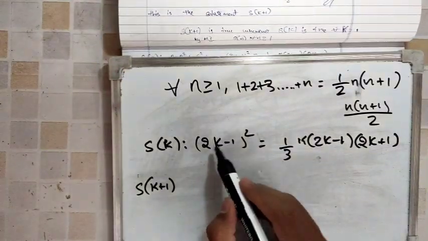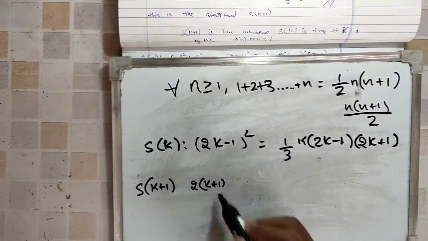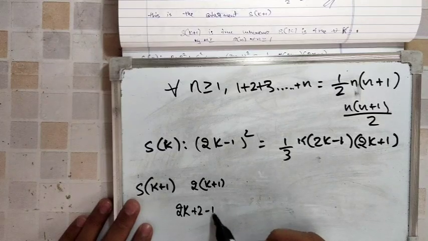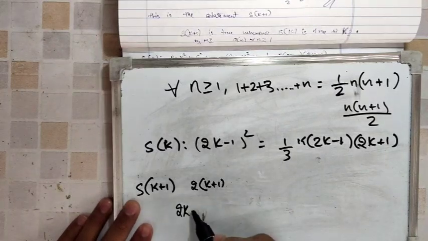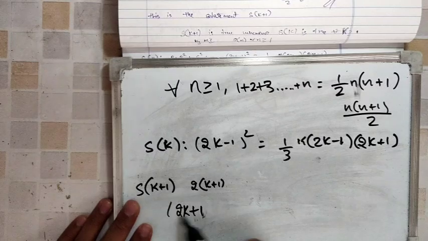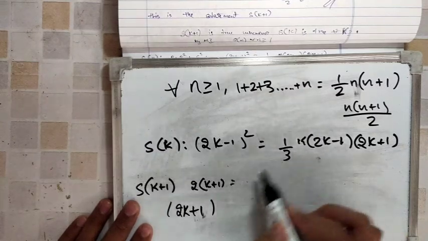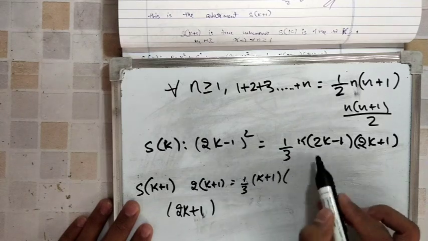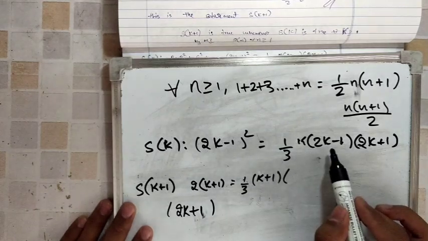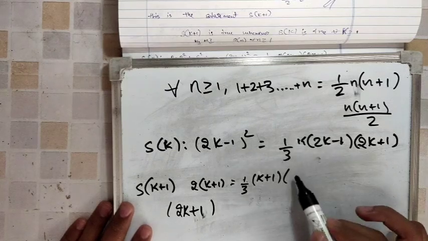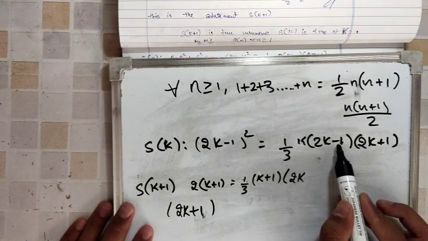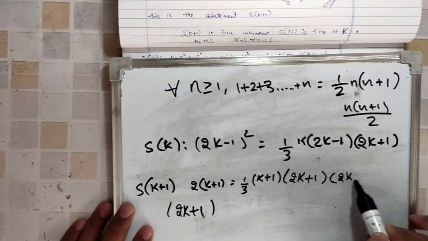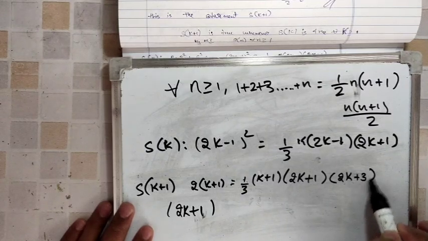So 2 into k plus 1 becomes 2k plus 2, minus 1, so this will become plus 1. And here I should get 1 by 3 into k plus 1 into 2 into k plus 1, so 2k plus 2 minus 1 is 2k plus 1, into again 2k plus 2 plus 1, 2k plus 3.